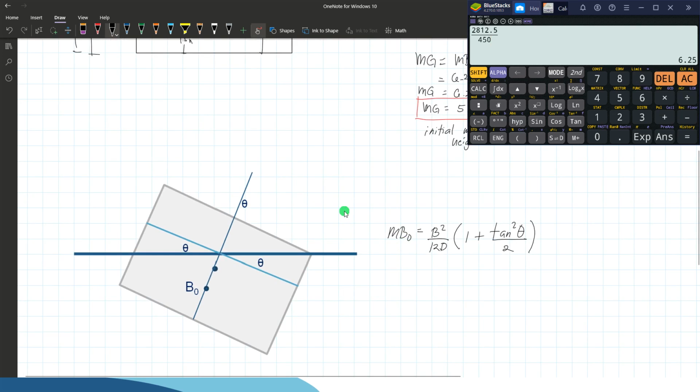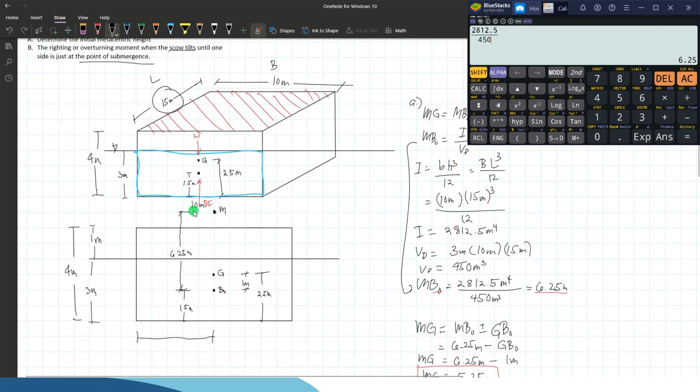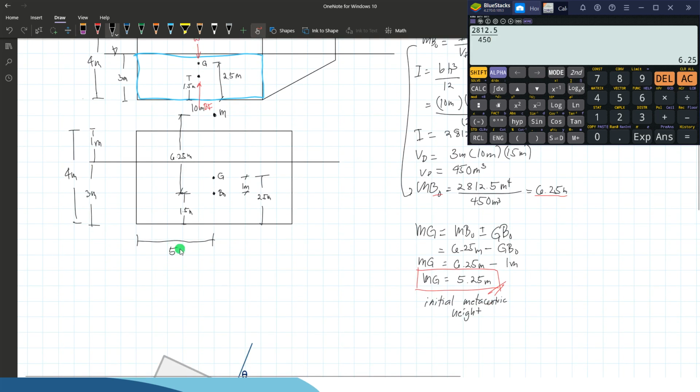So the angle of tilt can be determined by the triangle formed by the wedge shear. We can already determine that distance, because the total depth is 4 meters and the depth of seawater is 3 meters, so this is 1 meter. Taking half of the width, which is 10 meters, that's 5 meters.